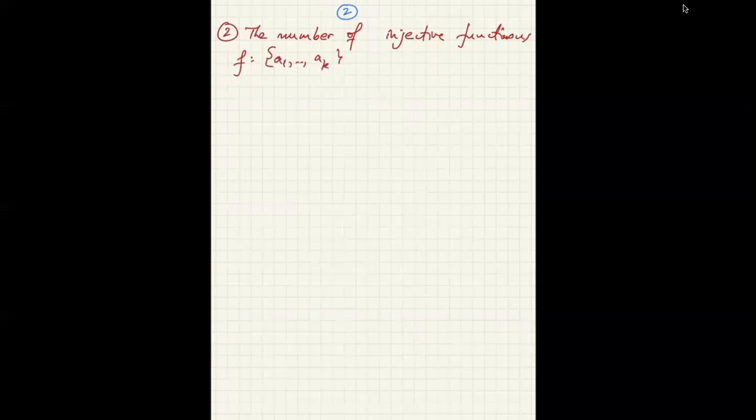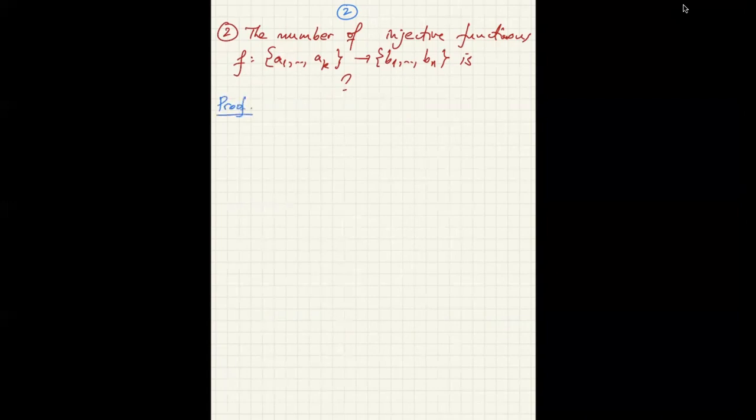The second one. What if we want to count the number of such functions that are injective? So the number of injective functions from the set a1 to ak to the set with n elements b1 to bn is question mark.